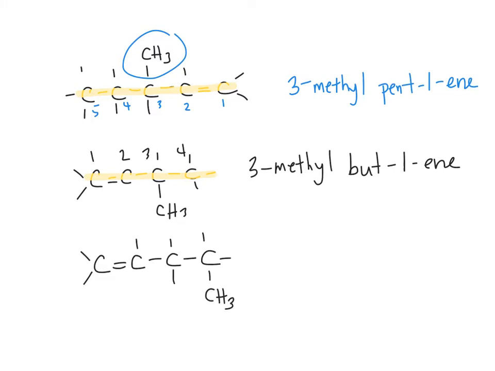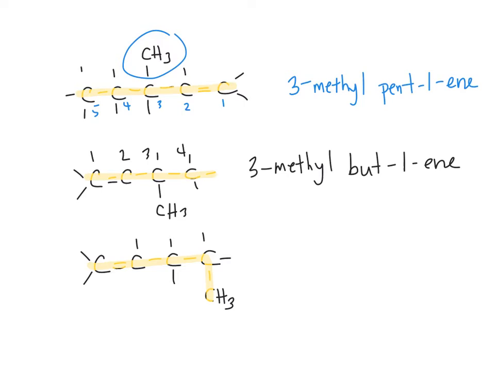Alright, if you try and name this one, initially it looks like it's a 4-carbon chain again with a double bond and a methyl group. However, if you take your highlighter, longest continuous carbon chain, your carbon chain is actually 5 carbons long, not 4.